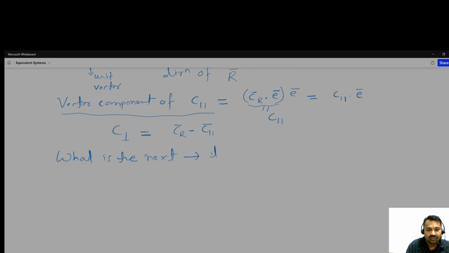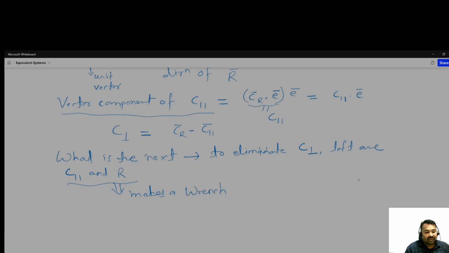Next is to eliminate C perpendicular. Then what is left? The left are C parallel and the resultant, which make a range.